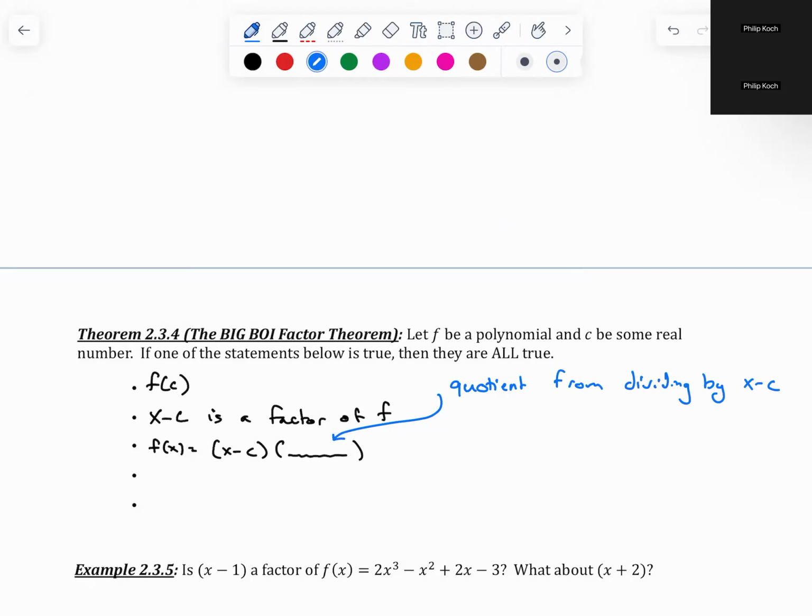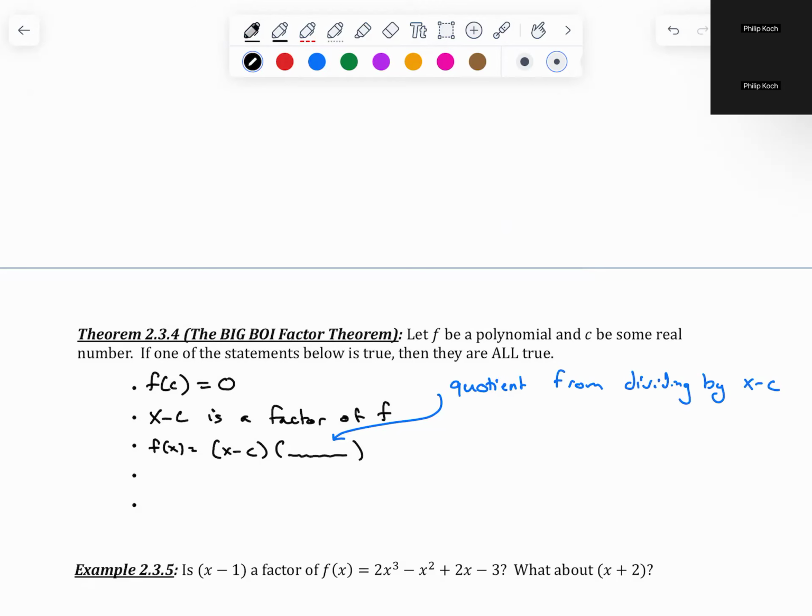So once you know that f of c equals 0, that means the same thing as saying x minus c is a factor, which is the same thing as saying f of x can be broken down into x minus c times something else.